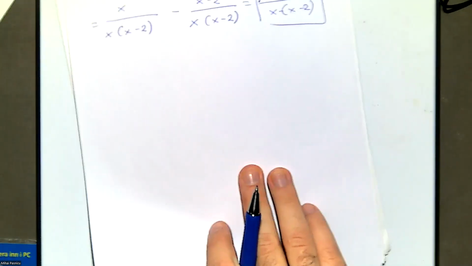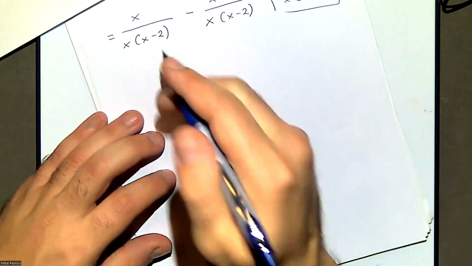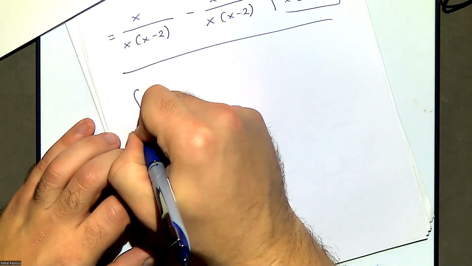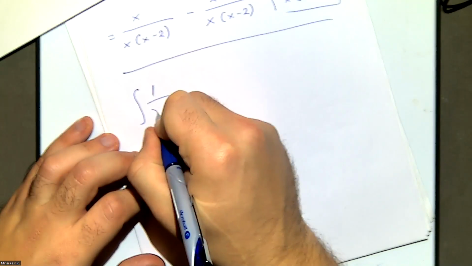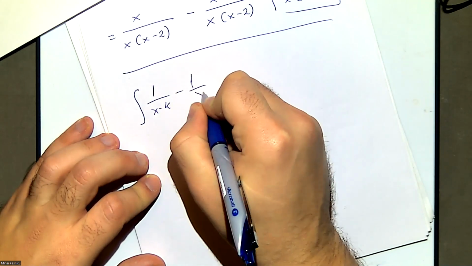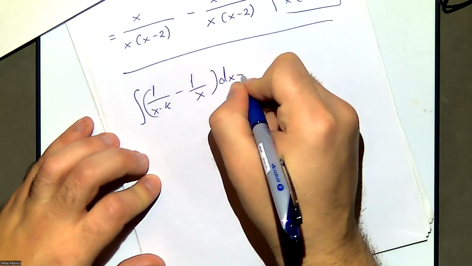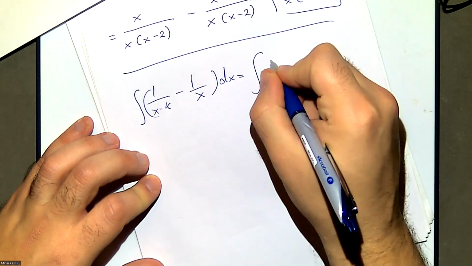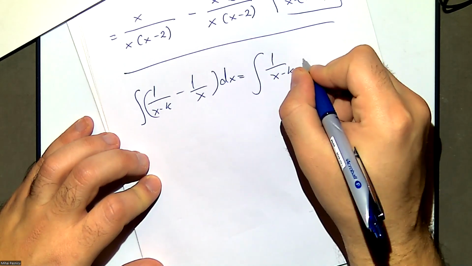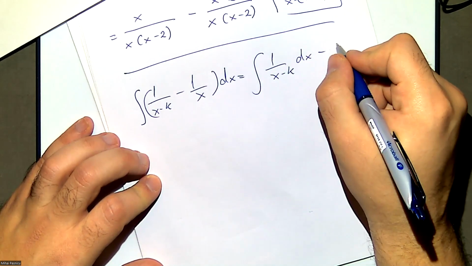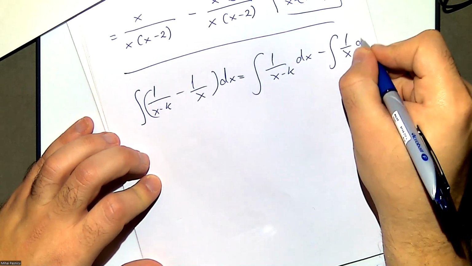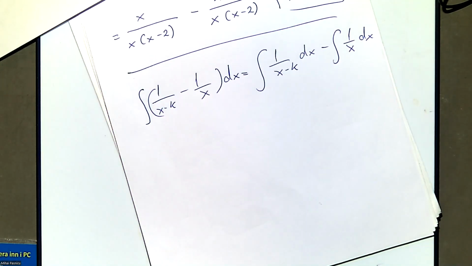So just to continue the work, integral of 1 over x minus k minus 1 over x dx is equal to integral 1 over x minus k dx minus integral 1 over x dx. And if you didn't like the trick, you can disregard that.